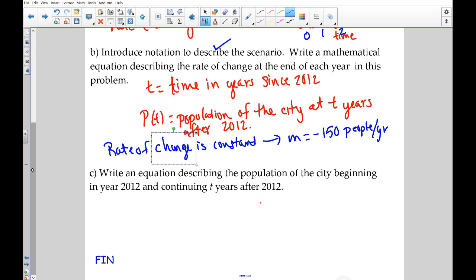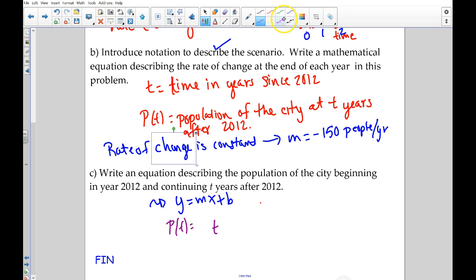All right, and then lastly, part C says write an equation describing the population at the beginning of the city, beginning in year 2012 and continuing t years after 2012. So we know that a linear model applies. So I want to look for something that I can write as y is equal to mx plus b. Okay, now here in our problem, we have to think of our independent and dependent quantities. So how I'm going to translate this is, well, x in this problem is t and y is P of t.